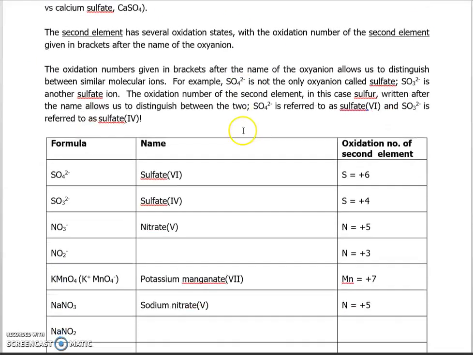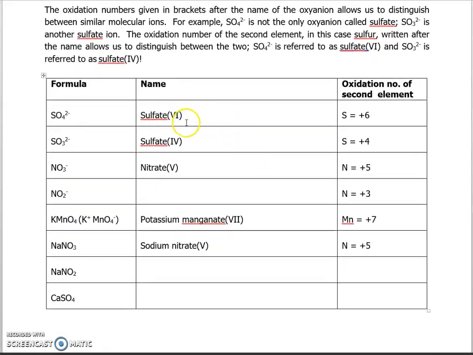Now, the IUPAC names for these compounds here containing sulfur and oxygen are that they are both sulfates. In the older nomenclature, this used to be called a sulfite, the SO3 2- ion. We need to be able to distinguish between these two different sulfates.